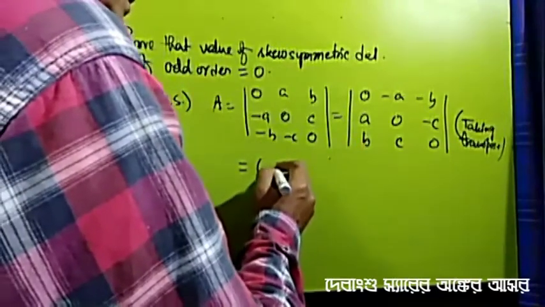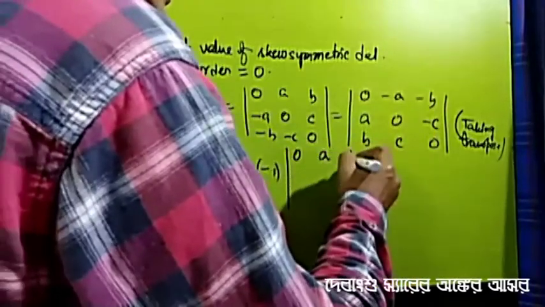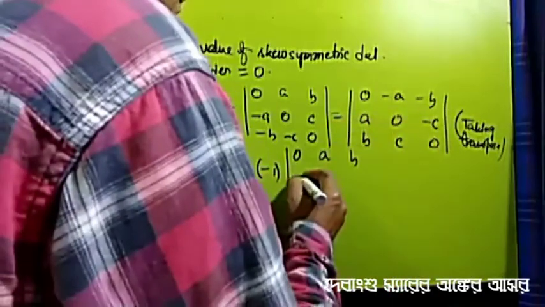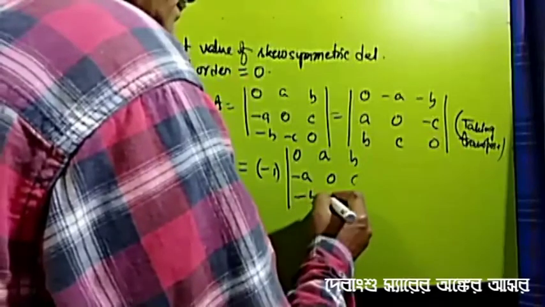Now take minus 1 common from each of the rows. That is 0, a, b, with minus 1 divided into this. So minus a, 0, c, minus b, minus c, 0.